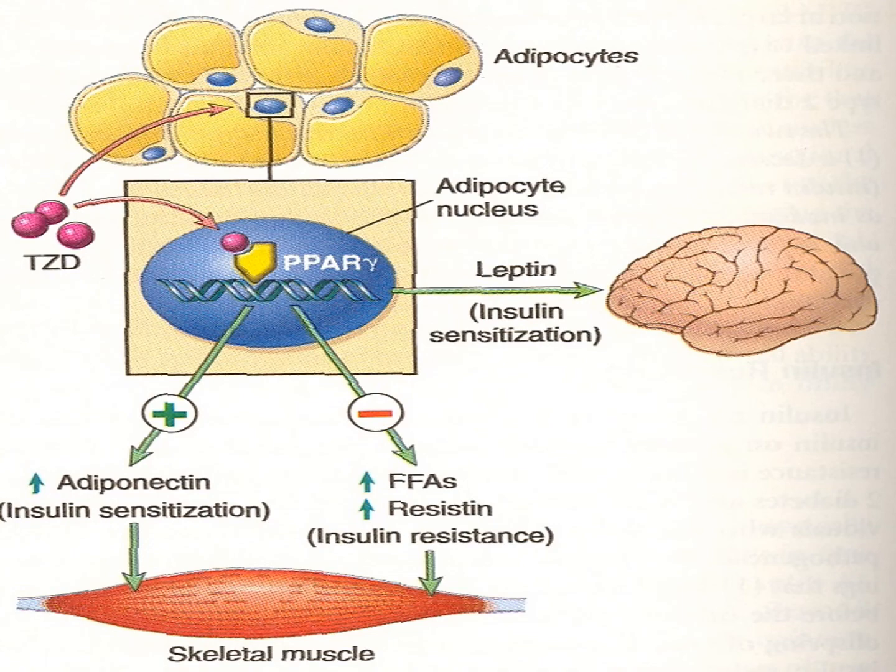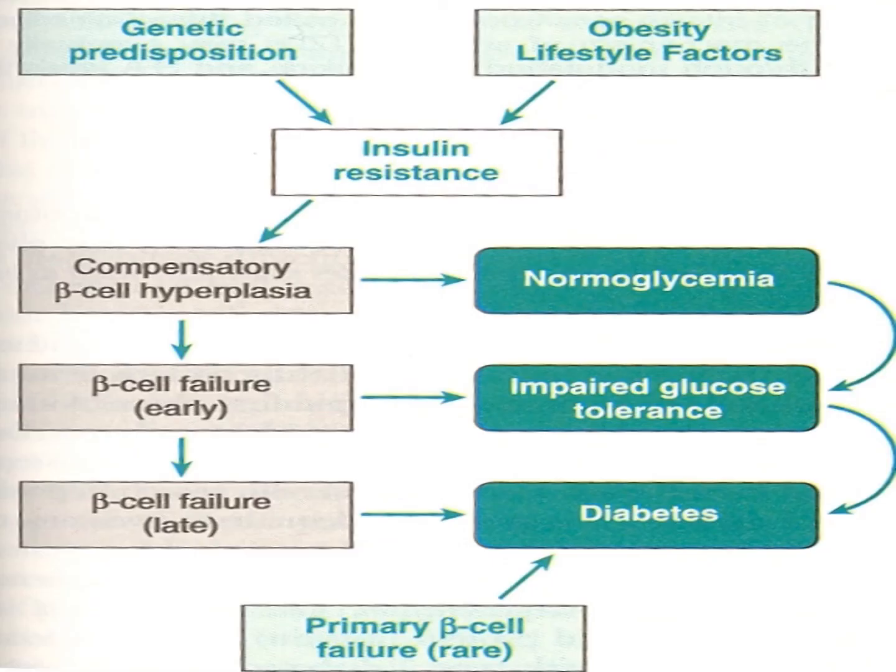On the other hand, adiponectin is associated with insulin sensitization. So an abnormality in the beta cells and the fat, especially in the coordination of it, leads to the development of type 2 diabetes mellitus. Here is a diagram again: obesity, lifestyle factors, genetics.